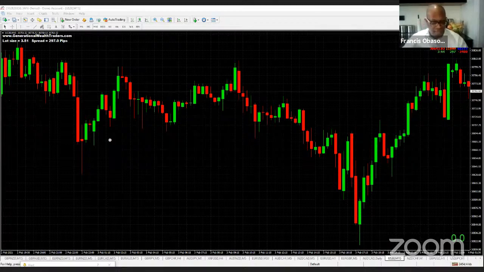We have been having a lot of questions at Generational Wealth Traders, even as it relates to the difference between pips and points. Traditionally in Forex, we are used to the movement of price being measured in pips.